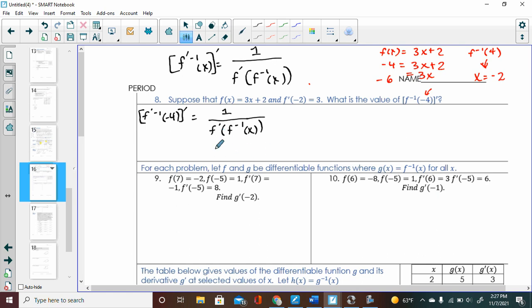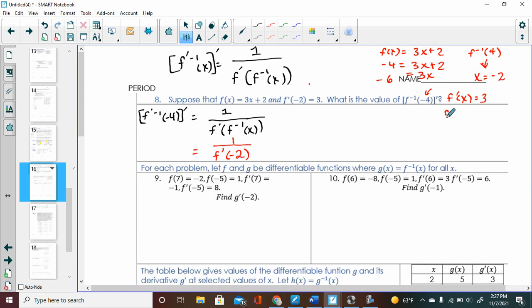So what I have so far, this equals 1 over f prime of negative 2. Now I'm going to find the derivative of f. So f of x, f prime of x, equals 3.